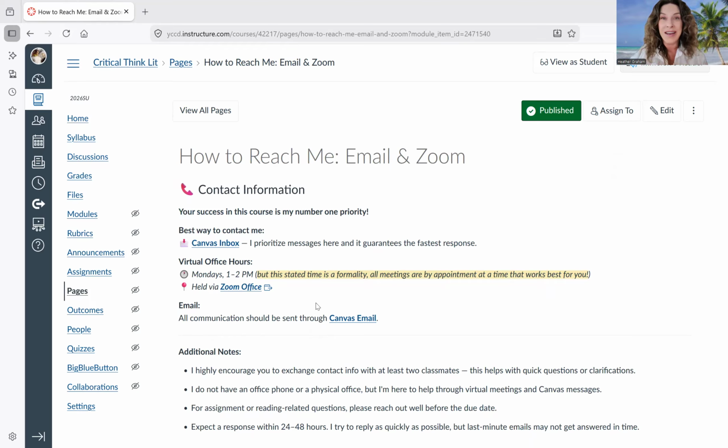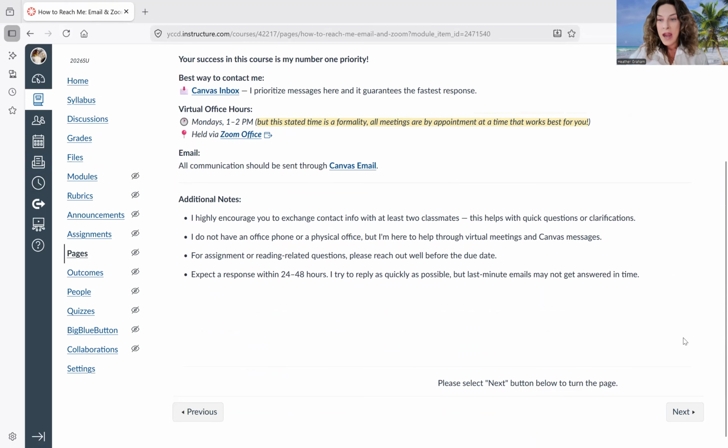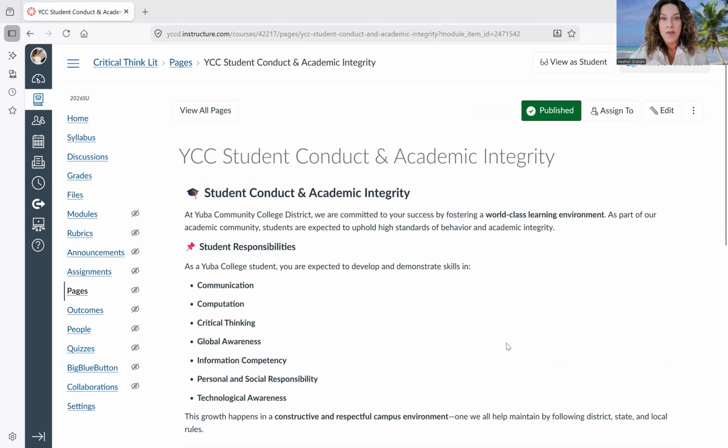I've met with students at 9 p.m. I've met with students at 8 a.m. I'm happy to do that to support your needs. All you have to do after emailing me the request and we set up an appointment, is come here and click the Zoom office link. But always feel free to email me. Again, I check that regularly. And anytime you need help, have questions, anything, feel free.